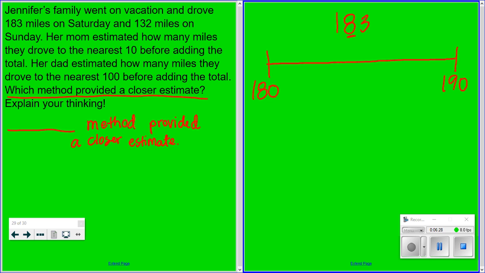Scarlett? I have to find that midway point. Let's go ahead and make our tick mark in the middle of our number line. And what number is going to come right in the middle of 180 to 190? Emma? 185.